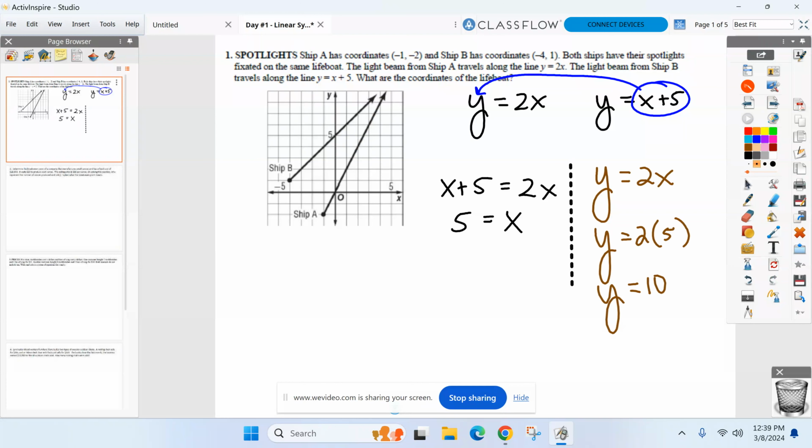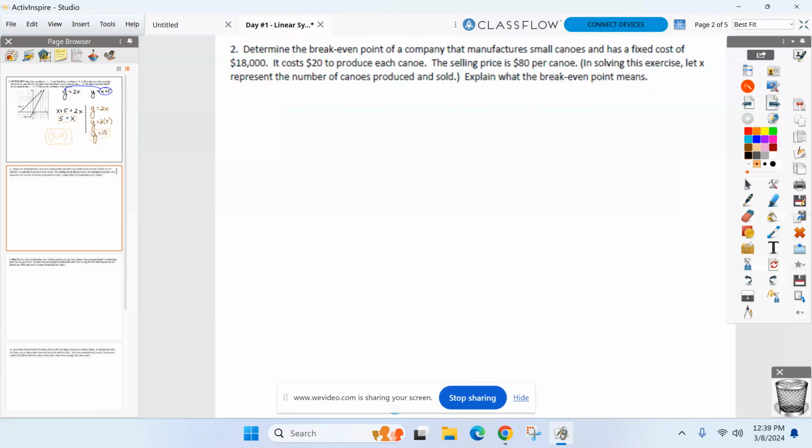You can leave it like that, or if you want to be real fancy, because we're talking about a coordinate here, you can write it (5, 10) if you want, but I'll accept anything here, just as long as you have both x and y done. All right, just a little recap. We're going to get a little tougher, though. Any questions here? First one of the day, since last week, anyway.